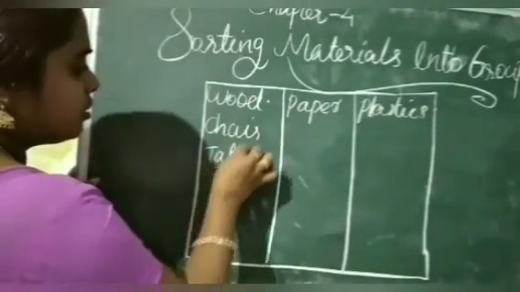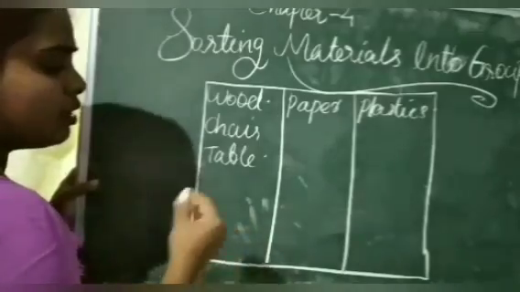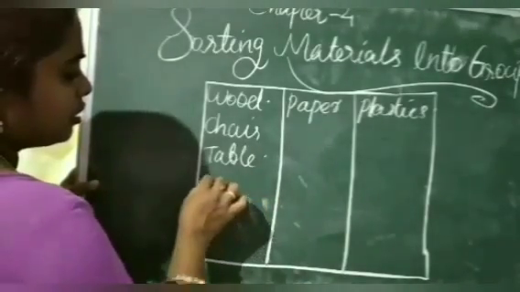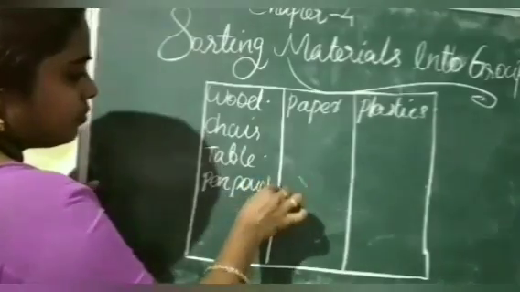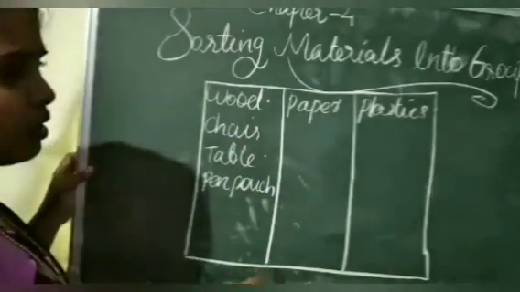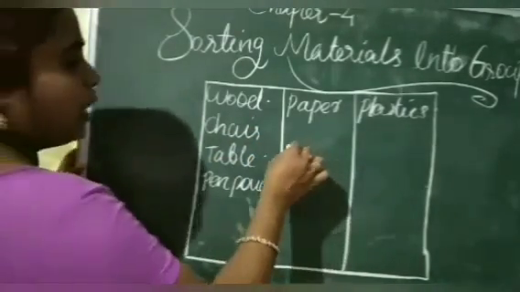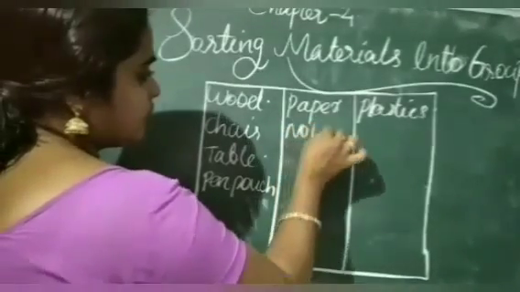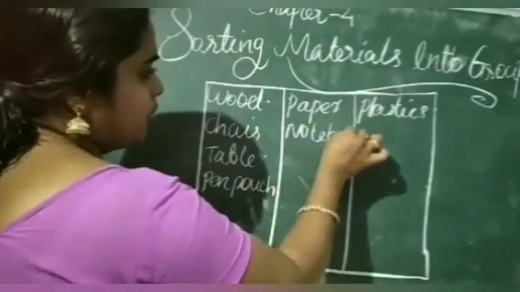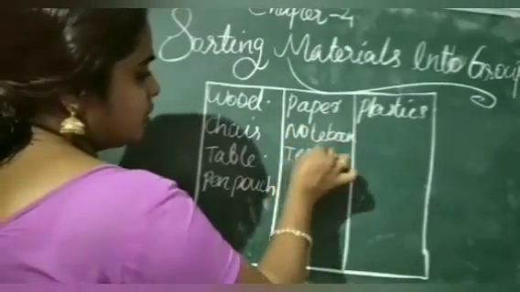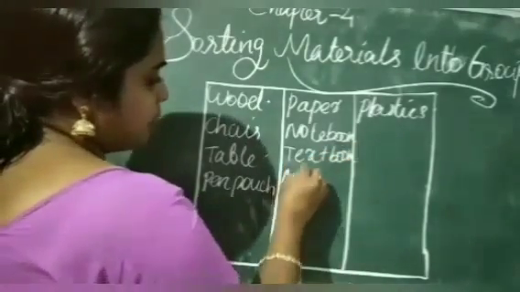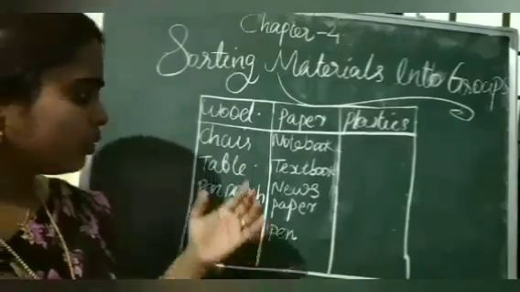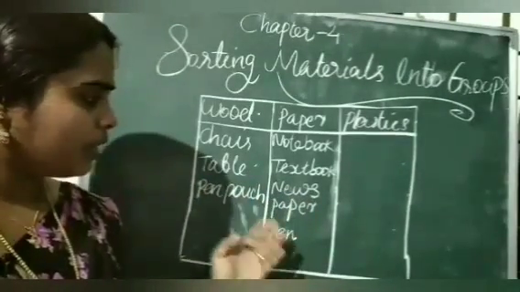So the chair, table, then pen pouch. So like this. Then paper, notebook, textbook, newspaper. So newspaper, then pen.